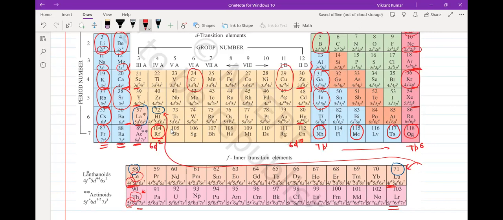The moment we verify the claim and we give the recognition to a particular country, then that country will be getting the right to name the element. Like rutherfordium US ने बोला था, सोवियत यूनियन ने बोला था kurchatovium, ठीक है. तो luckily ऐसा हुआ कि US got the claim and that's why they have named it rutherfordium, otherwise 104 को तुम अभी kurchatovium बोल रहे होते, ठीक है. तो this is the basic structure of the periodic table. Is it okay?